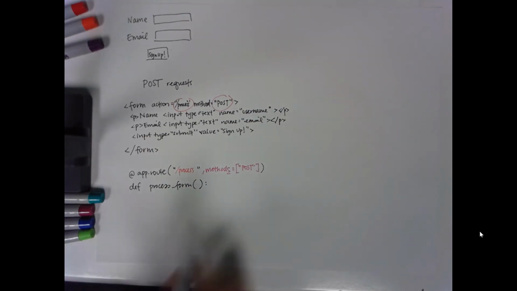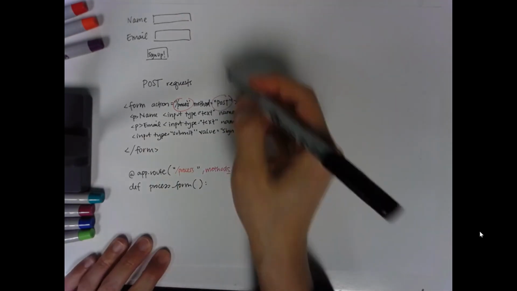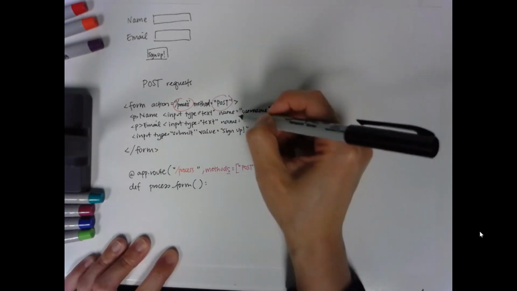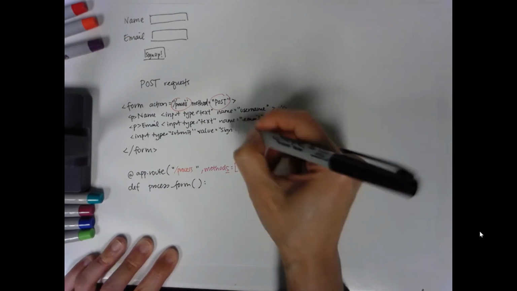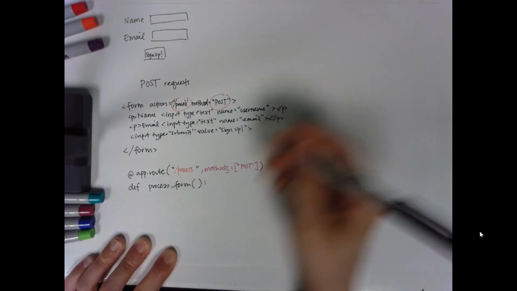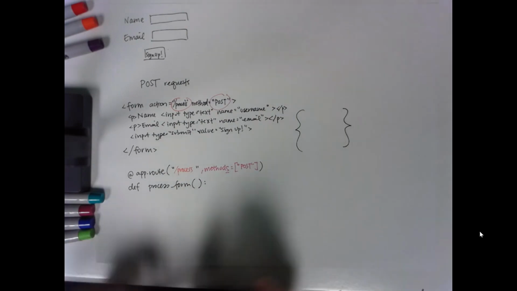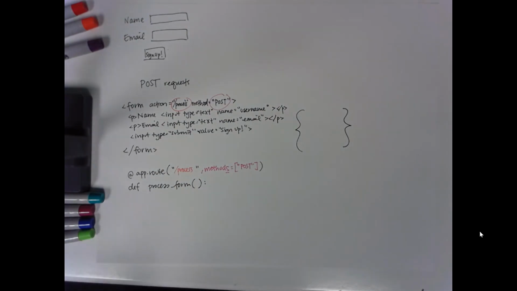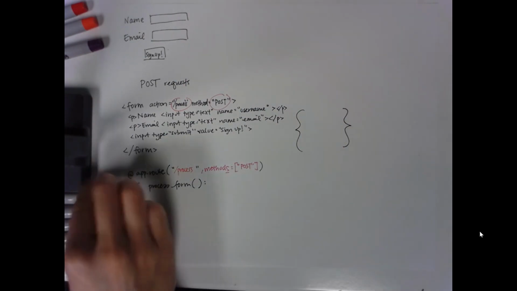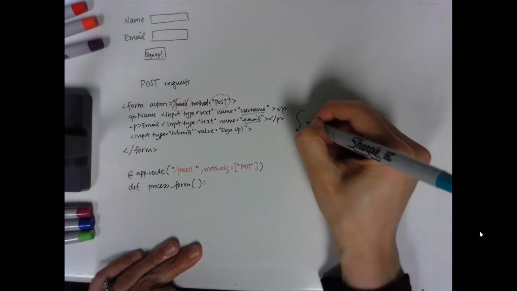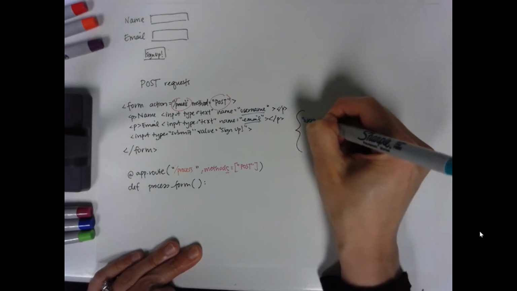And how does this information come over? So what happens is, to your user it looks like this, and our HTML looks like this, and the process from here to get this data to our function, a dictionary gets created as part of our request object. And what that means is that these names that are used here become keys in this dictionary.